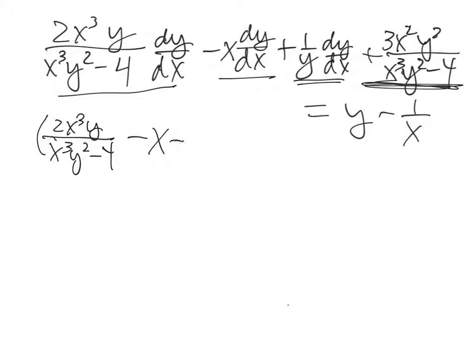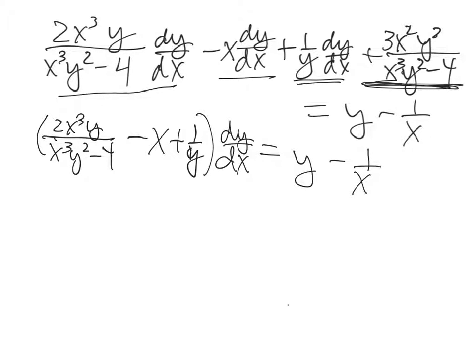Depending on which direction you go and what algebra you do, you may have something slightly different than this. As long as it's a correct form, I will accept it. You don't have to have it exactly like mine, but we'd be subtracting this term.